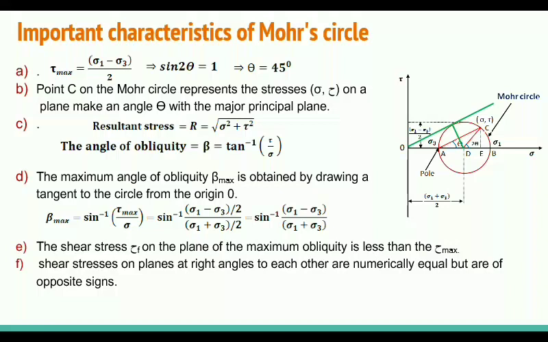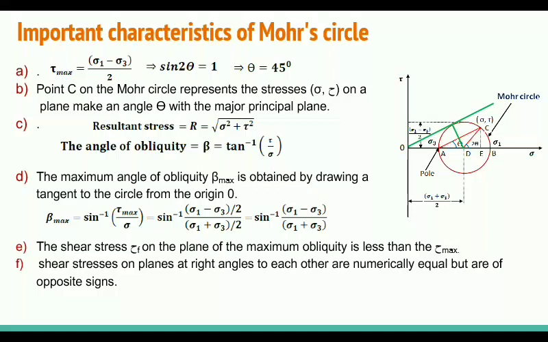When drawing the Mohr circle, we keep compressive stress as positive, and tensile stress as negative. But in solid mechanics, most of the data we work with is in tensile form, so it is convenient to take tensile stress as positive.